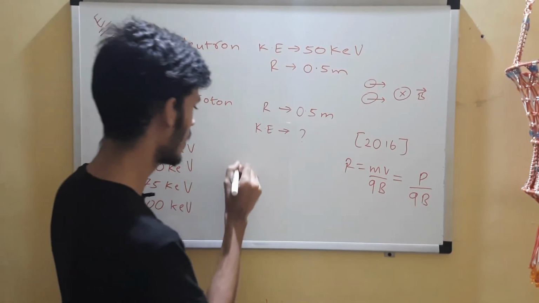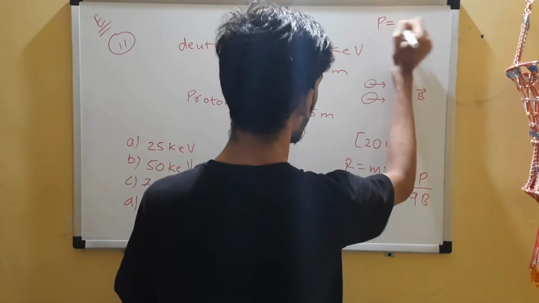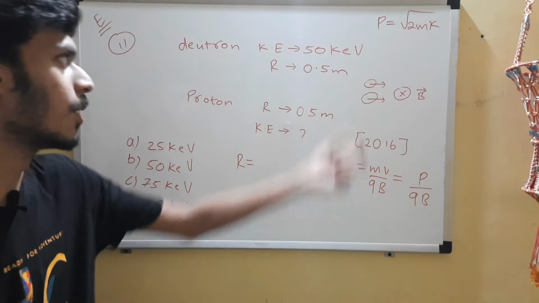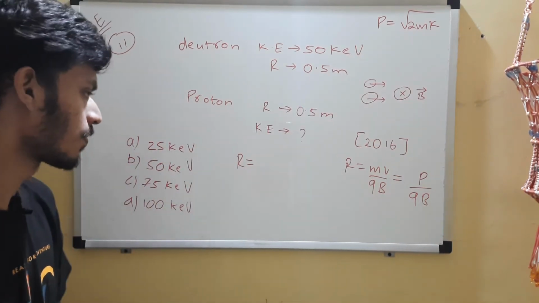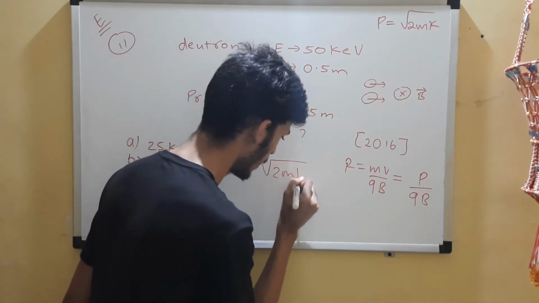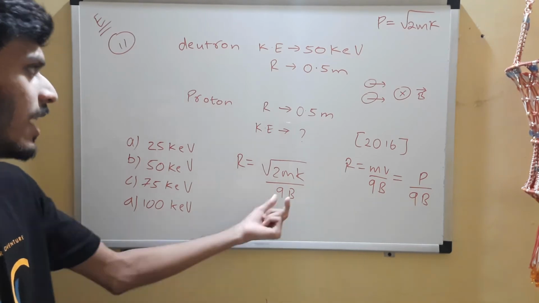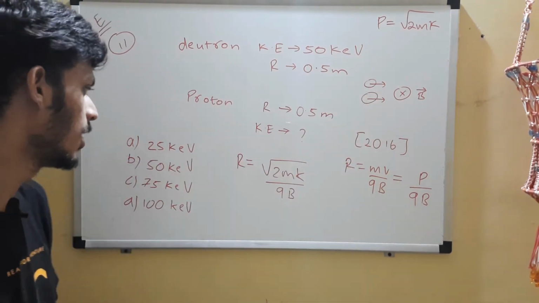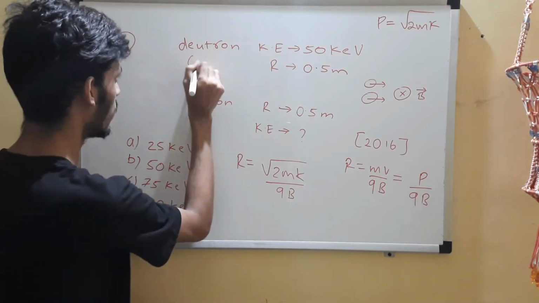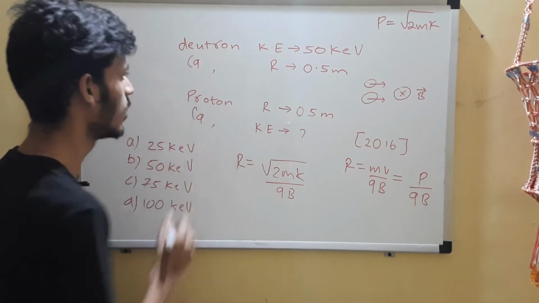You should know this: p equals under root 2mK. So substitute it over here, and you get under root 2mK by qB. You can see that magnetic field is the same for both proton and neutron. Charge is also the same, right? Suppose for proton it's q, then for neutron it will be q.